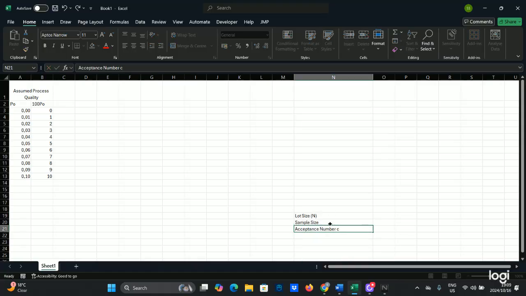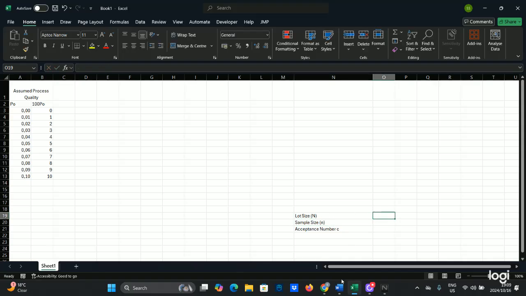This is gonna be small letter n. Our lot size, as given here, is 3000, our sample size is 89, and our C value is 3.